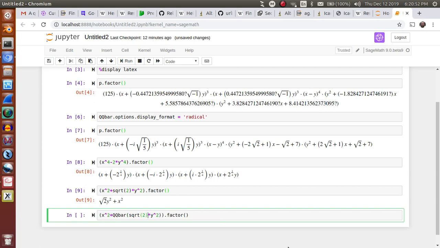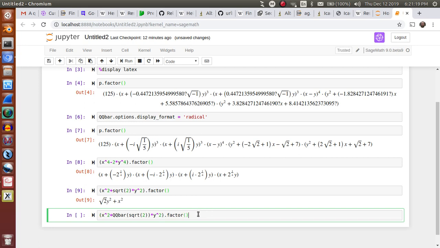I want this passed as QQbar. This is already in QQbar. The problem is this square root of 2 is going to be in Sage's symbolic ring, which is kind of loose and fast. It's good for doing a lot of generic calculations, but it's not the square root of 2 we want. We want a square root of 2 in QQbar.